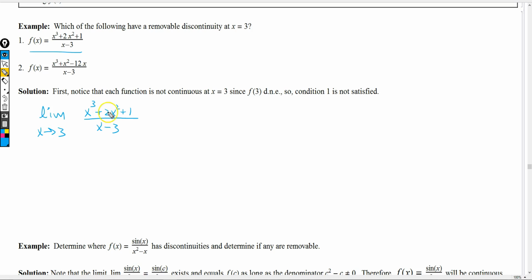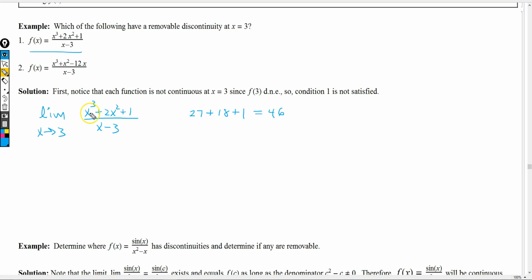Well, let's see. As x approaches 3, what's the numerator doing? This is approaching 27 plus 18 plus 1, if I plug 3 in for the x here and add the 1 to it, which is 46, right?